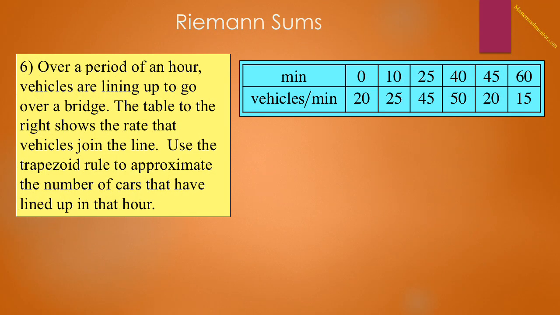Number 6 reads, over a period of an hour, vehicles are lining up to go over a bridge. The table to the right shows the rate that vehicles join the line. Use the trapezoid rule to approximate the number of cars that have lined up in that hour.